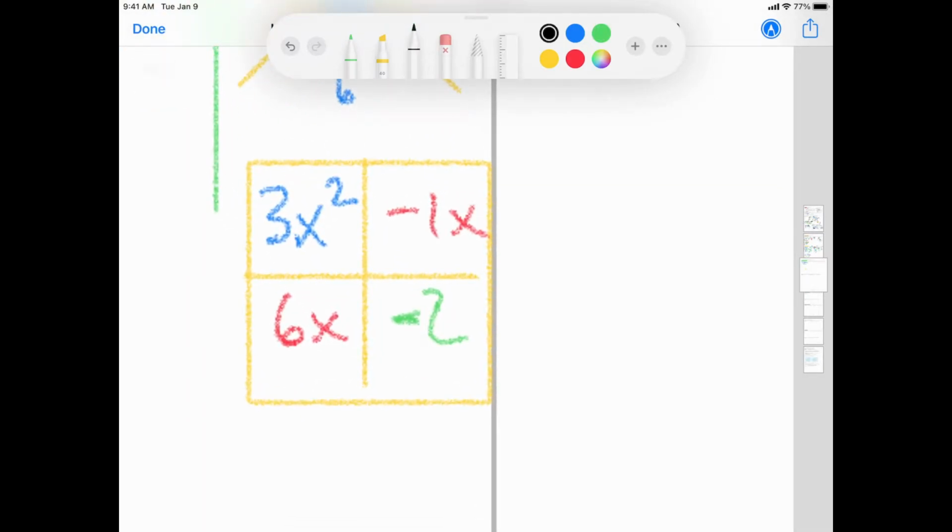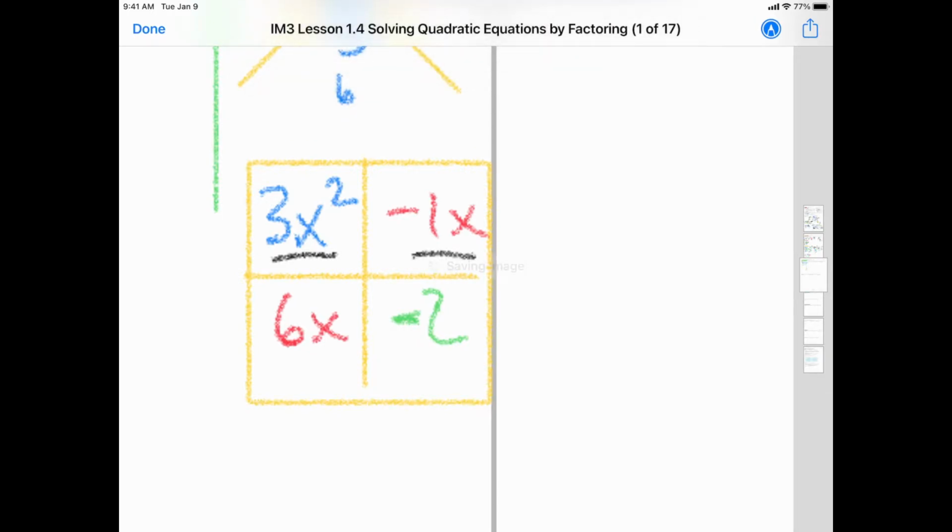All right, let's factor out the top row here. 3x squared and -1x have an x in common. 3x squared and 6x have a 3x in common. 6x and -2 have a 2 in common. And then -1x and -2 have -1 in common.